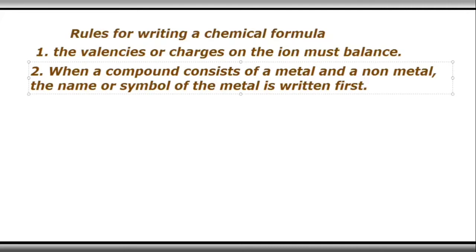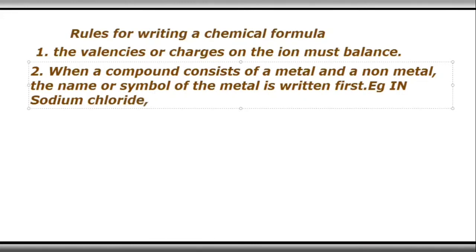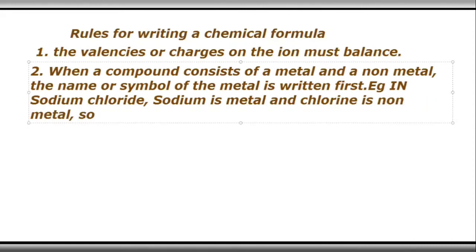Example, in sodium chloride, sodium is a metal and chlorine is a non-metal, so we write its symbol as NaCl, because Na is the symbol for the metal sodium and Cl is the symbol for the non-metal chlorine.